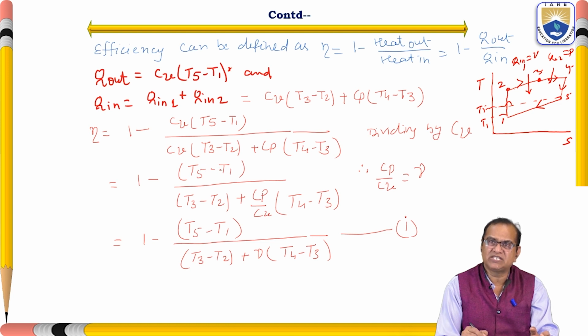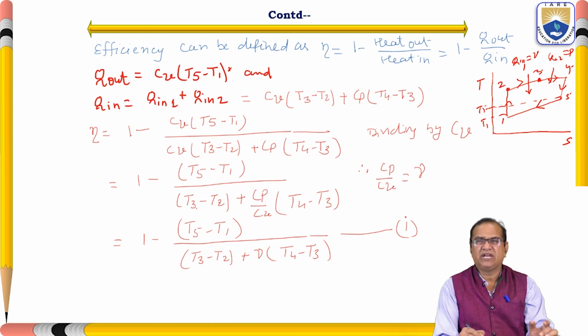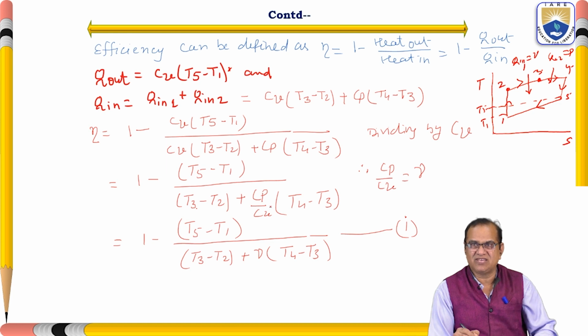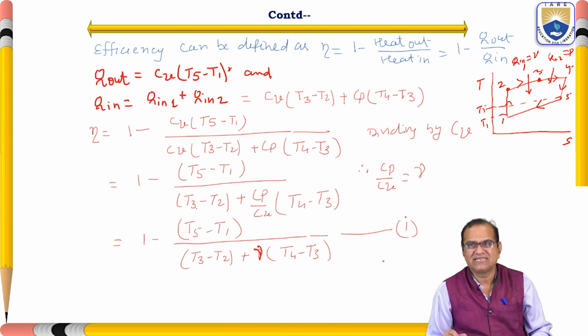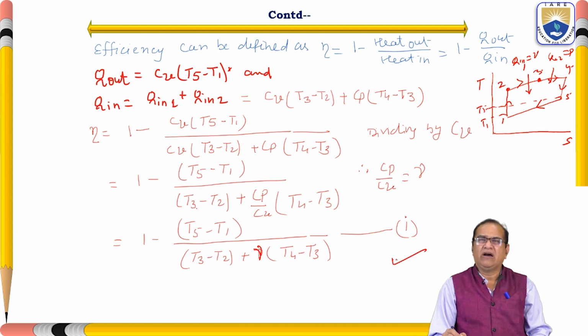So T5 minus T1 divided by T3 minus T2 plus CP by CV, T4 minus T3. So this CP by CV is equal to gamma. So this gamma here, this is the gamma here. So 1 minus T5 minus T1 divided by T3 minus T2 plus gamma T4 minus T3. So this we have got.